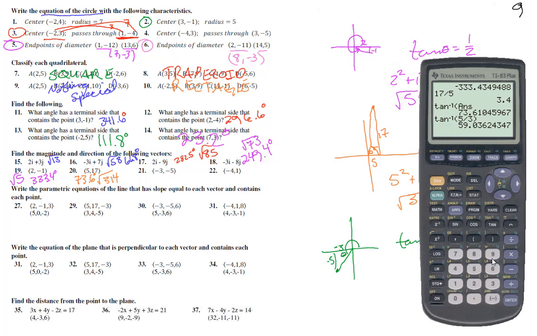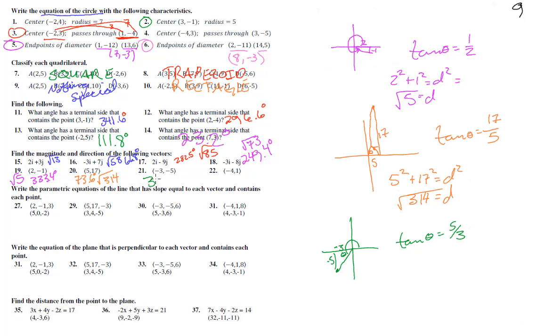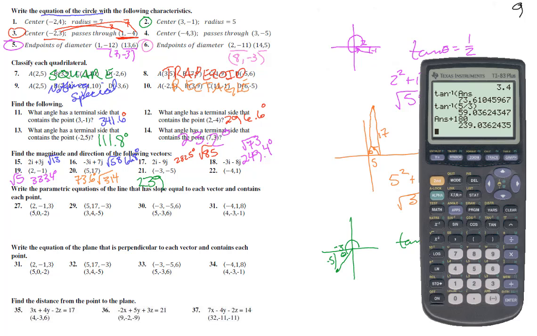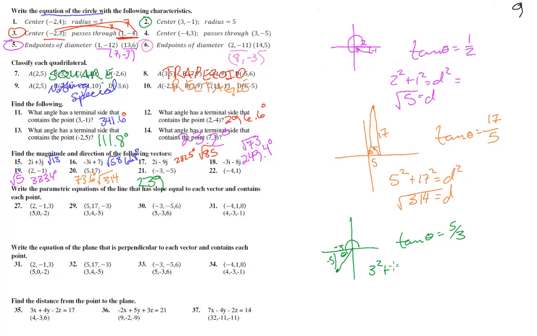But we're clear down here past 180, so we add 180 to it, and we get 239 degrees. And then we've got to do the square root. We have 3 squared plus 5 squared equals the distance squared. So we get 9 plus 25 is 34, d squared, and then we square root. Good. So square root of 34.